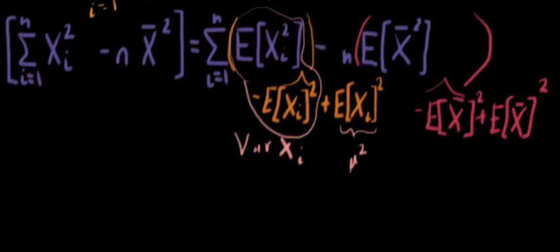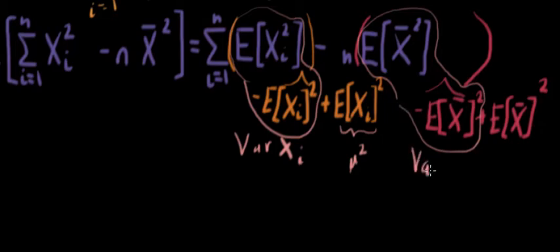And similarly, all the stuff I'm highlighting here is the variance of X bar. And the expectation of X bar we know is also mu, so that is also mu squared.